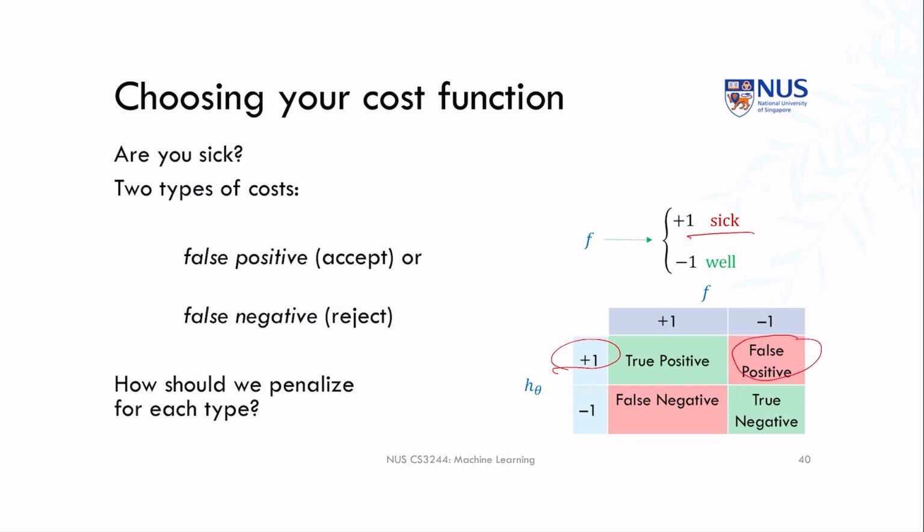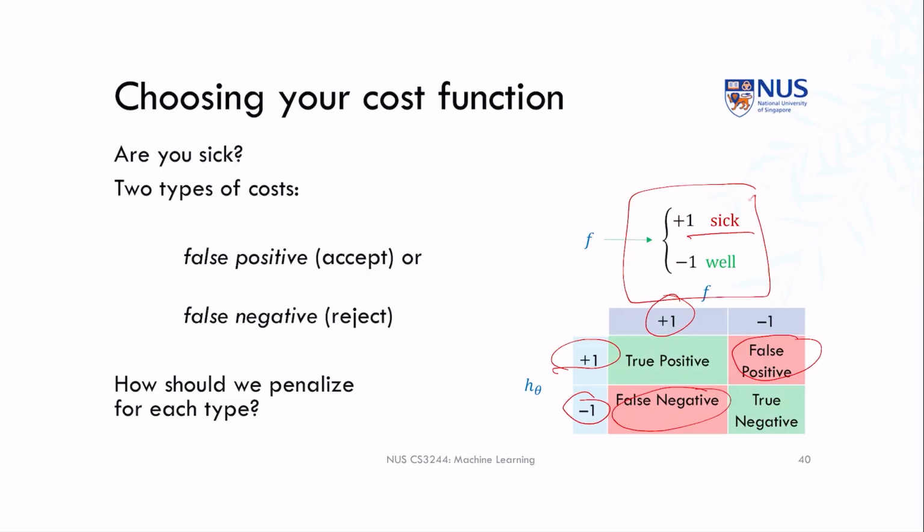Or we can have a false negative, or false rejection, which means that we're actually sick, but the classifier thought we were well. And here the labels are a little bit arbitrary. It depends on what we mean by positive or negative values. Here we've chosen sick to be a positive value.